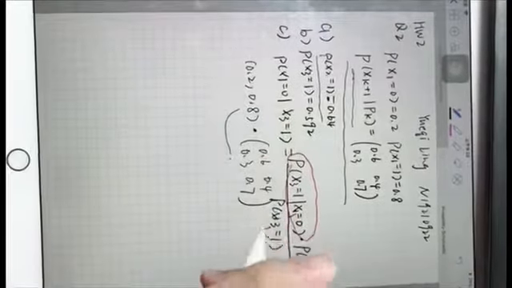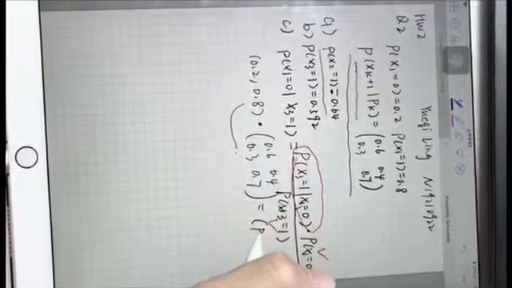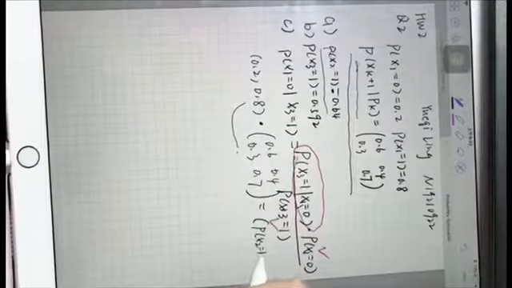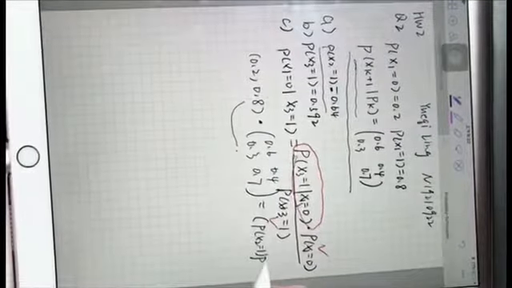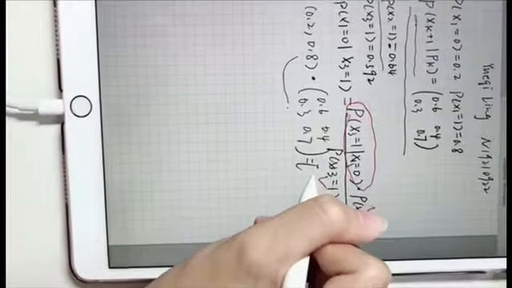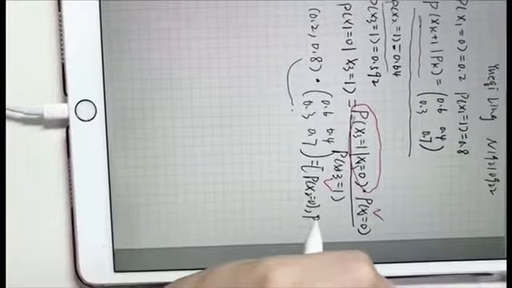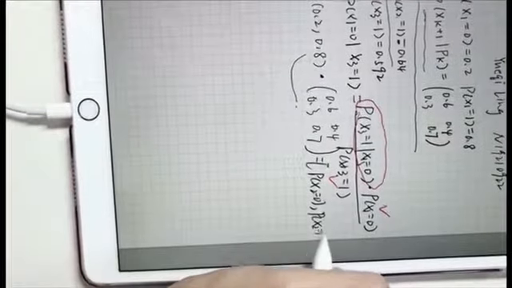Multiplying these two matrices, we get the answer of the probability of x2 equals 0 and x2 equals 1.